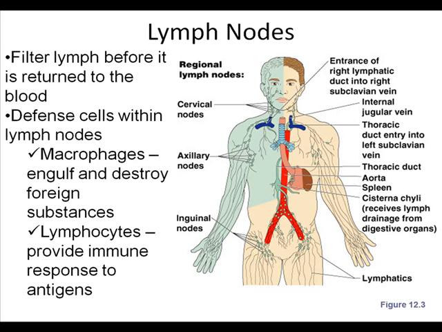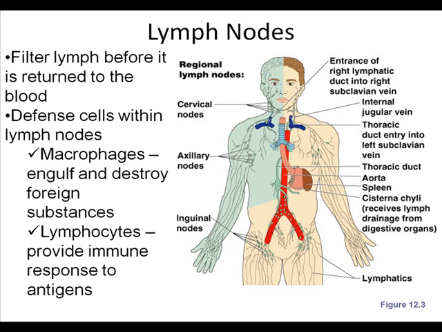Macrophages are phagocytic in that if they see something that they don't think is right, they will surround it, endocytose it, swallow it into the cell, and destroy it. And then we'll talk a lot about lymphocytes later, which are cells sitting in the lymph nodes scanning for particular specific things that they're made to recognize as being wrong.